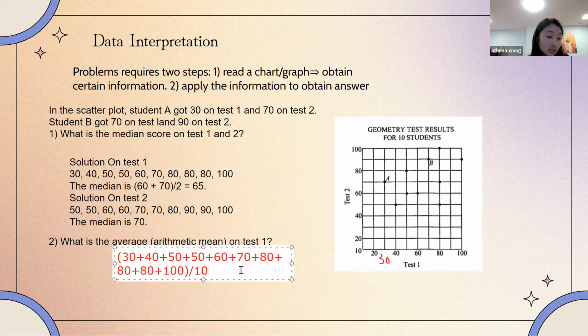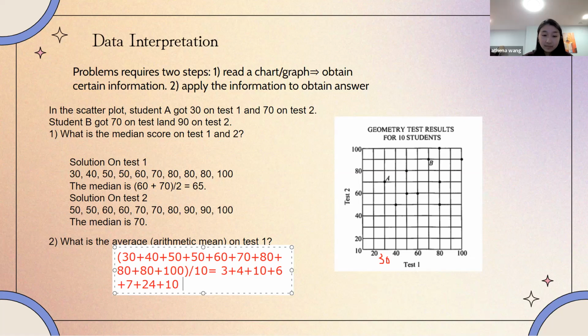Since you can use a calculator, you can just add it all up and divide. Or sometimes I just divide 10 on all of them. So I have 3 plus 4 plus 2 times 5 is 10, plus 6 plus 7 plus 8 times 3 is 24, plus 10.